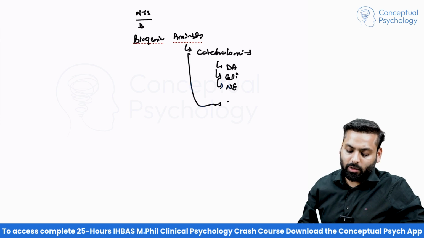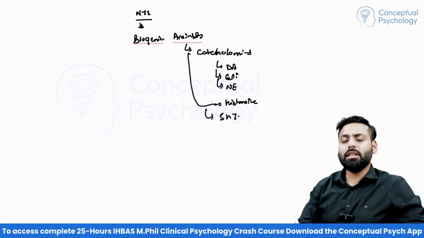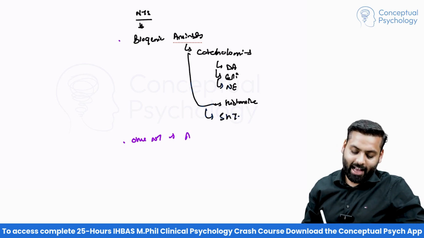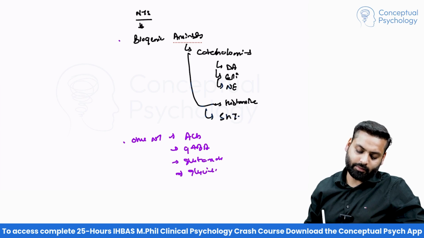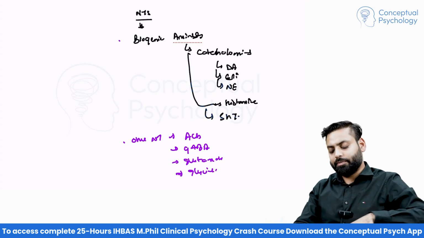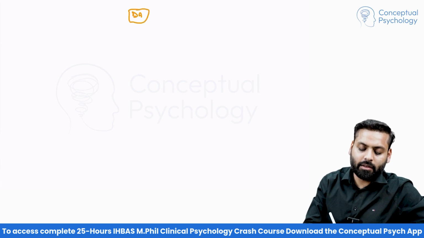Biogenic amines also include histamine and serotonin. Okay. Apart from this, what other neurotransmitters need to be read? Acetylcholine, GABA, glutamate, glycine. These are the most important ones.